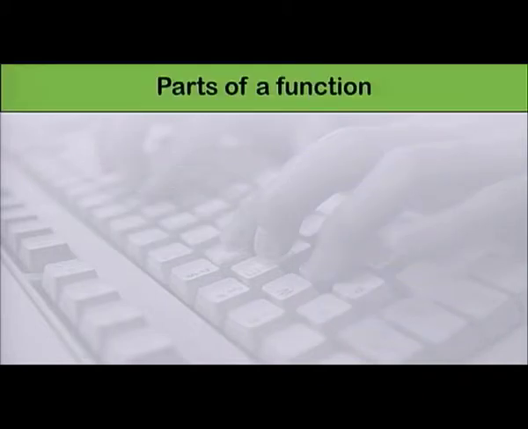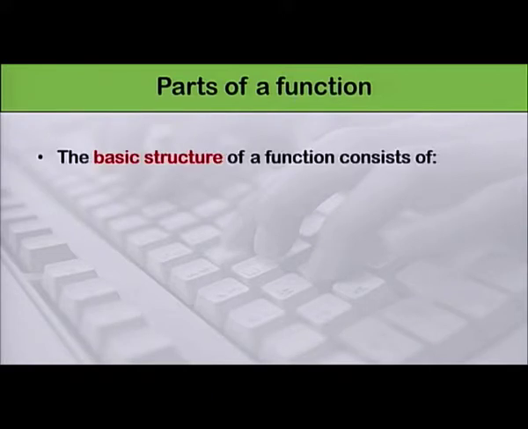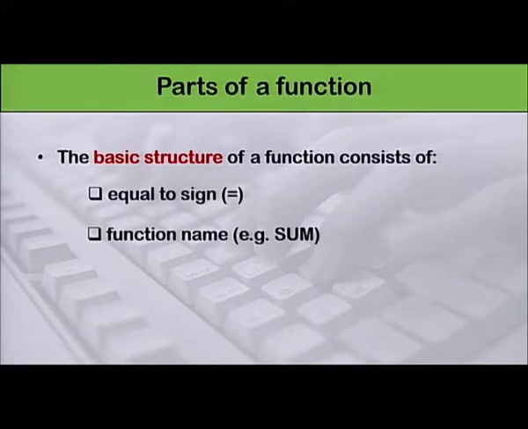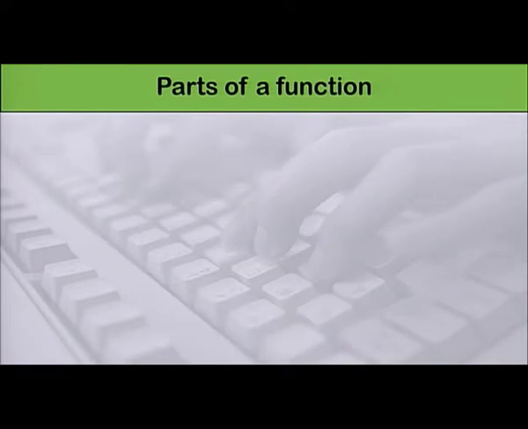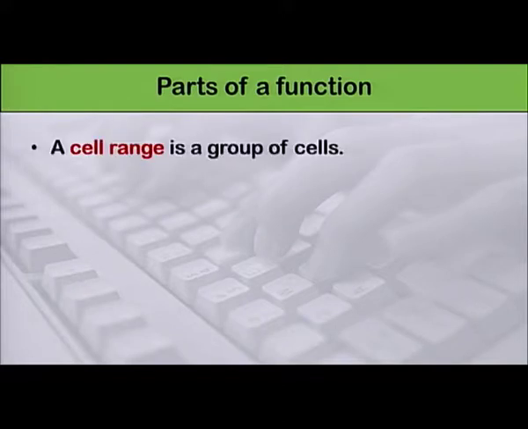In order to work correctly, a function must be written in a specific way. The basic structure of a function is the equal to sign, the function name, and cell range. When creating functions, you can select multiple cells at the same time. A group of cells is known as a cell range.